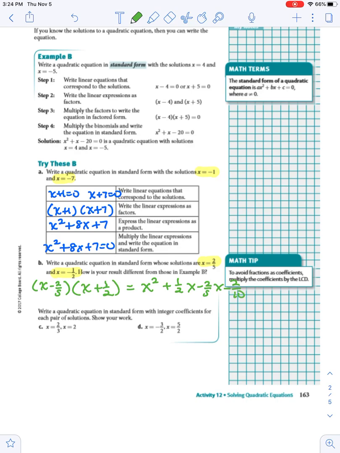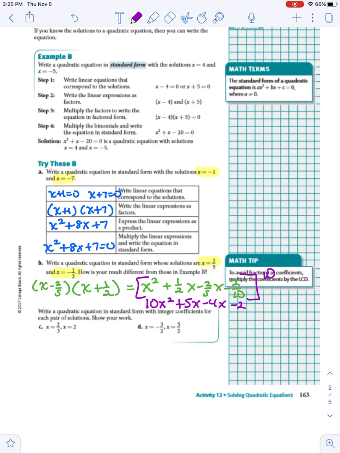And it will be a little easier to work with if we multiply through by the least common denominator. Since 2, 5, and 10 can all go into 10 evenly, we'll use 10. So x squared times 10 is 10x squared. 1/2 x times 10 is 5x. -2/5 times 10 is -4x.